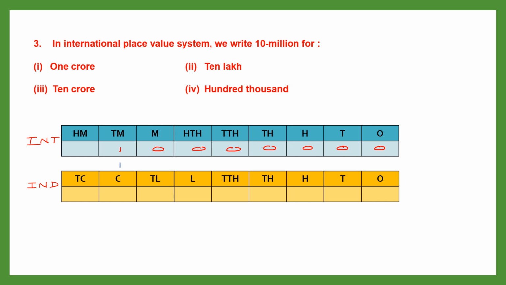So here we are asked, we write 10 million for which of these? We write 10 million for 1 crore. So 1 crore is 10 million. So our answer is option 1, 1 crore.